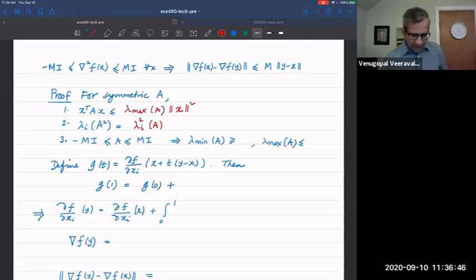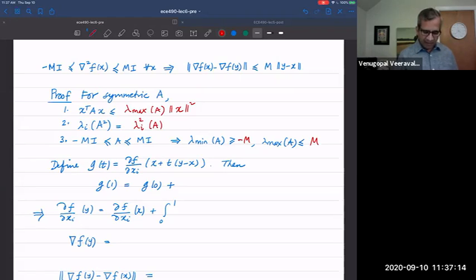And the other thing is, if a matrix A is upper and lower bounded by mI and minus mI, the minimum eigenvalue of A is lower bounded by minus m, and the maximum eigenvalue of A is upper bounded by m. So all the eigenvalues of A are bounded between minus m and plus m.